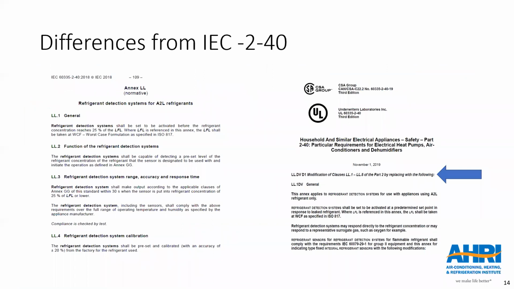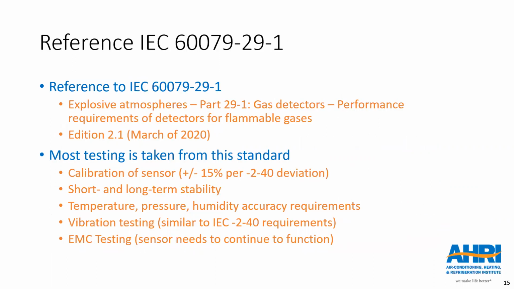We see that the first line of Annex LL in the UL or North American document replaces all of the IEC Annex LL requirements with new requirements, and we'll get into some of the specifics in the next few slides. So once again, we've completely taken the IEC Annex LL requirements and replaced them with the UL requirements.